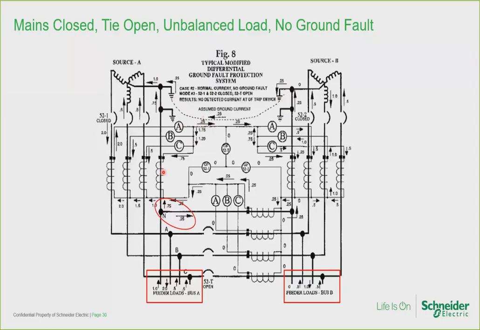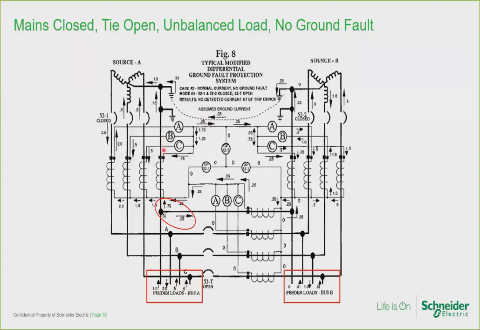Here's how we derive the secondary CT currents. Please draw your attention to the left-hand red box, which is bus A. Trace the 1 per unit neutral current as it flows towards the neutral CT on side A. 0.75 per unit flows out of the primary polarity mark of the CT.